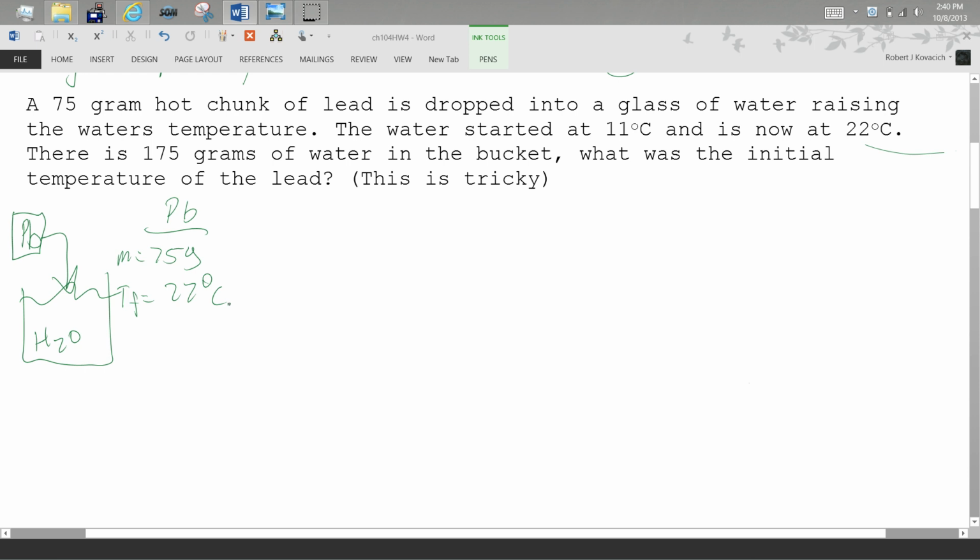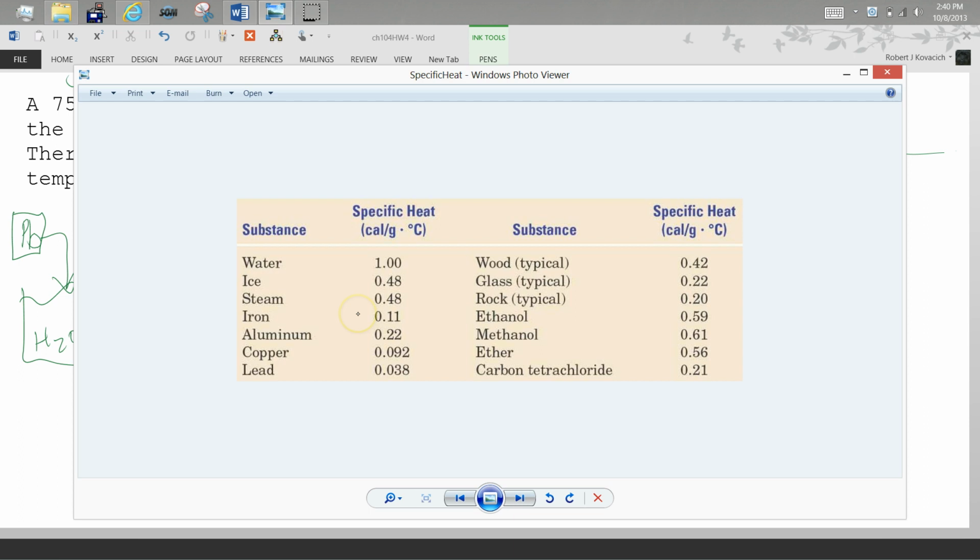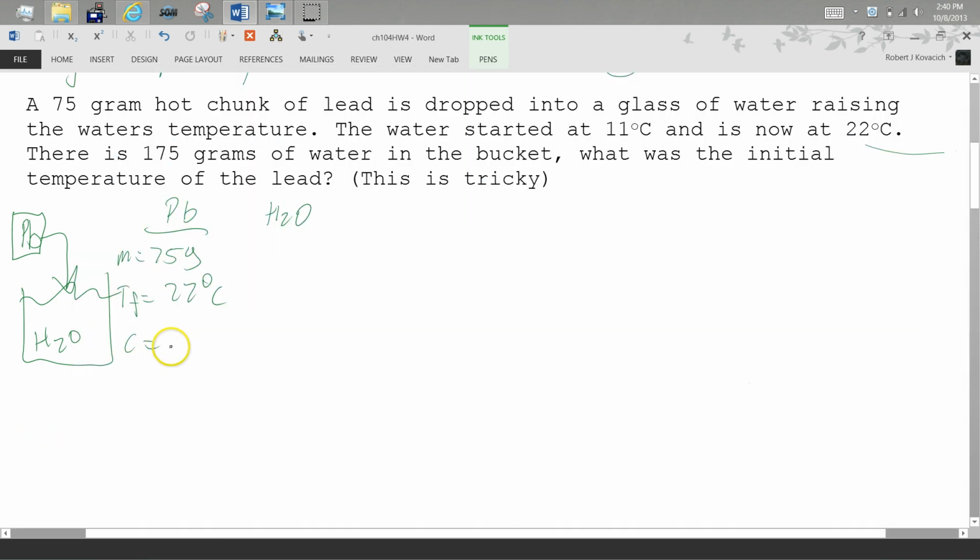We just figured that out, right? I also know that the specific heat of the lead is 0.038 calories per gram degree C. This was in the notes.